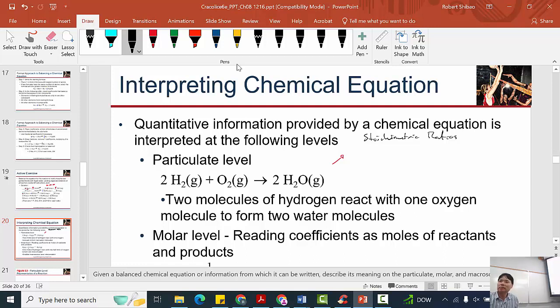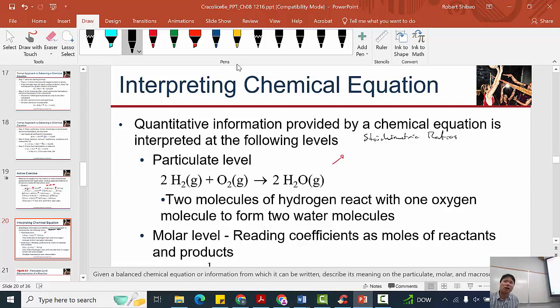Moles, mass, measurement, yeah, that's all correct. The word stoichiometry is a funny word, or how it's defined.